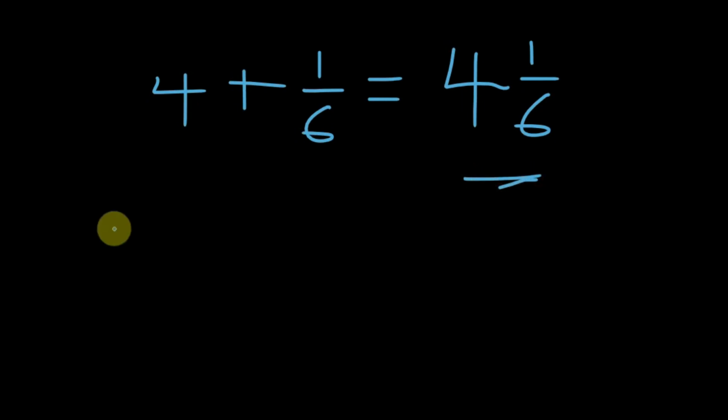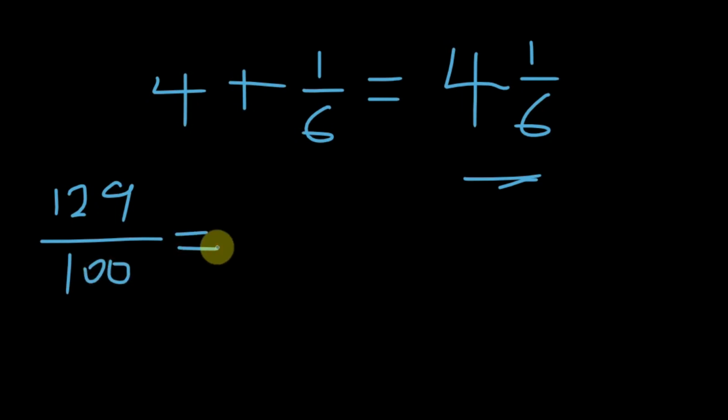Under this, the last example we are going to look into is where we have 129 over 100. To express this as a mixed fraction, we split 129 into 2 parts.